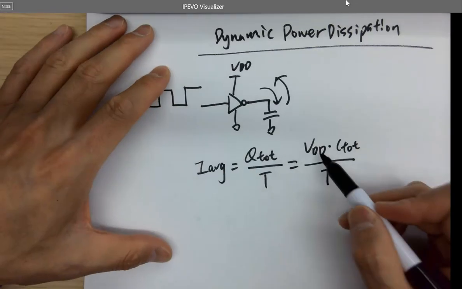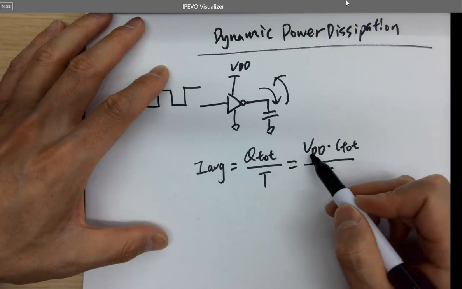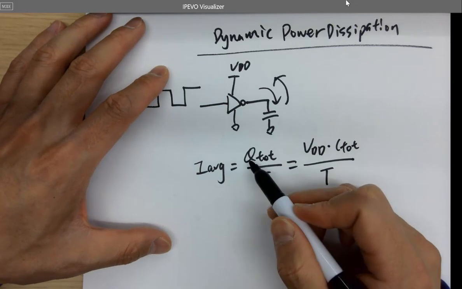So you need to remember this as an electrical engineer. V times C is Q.